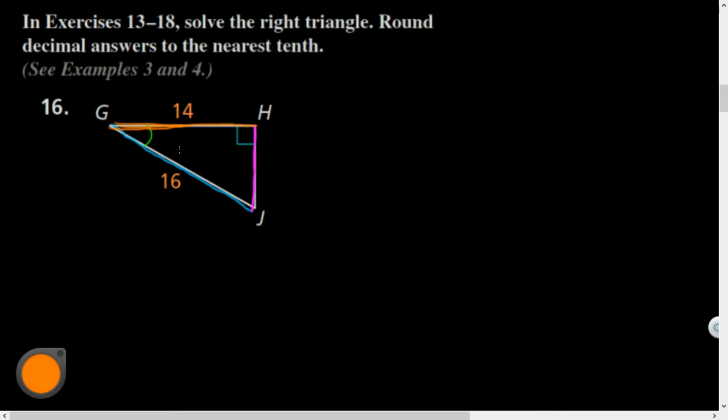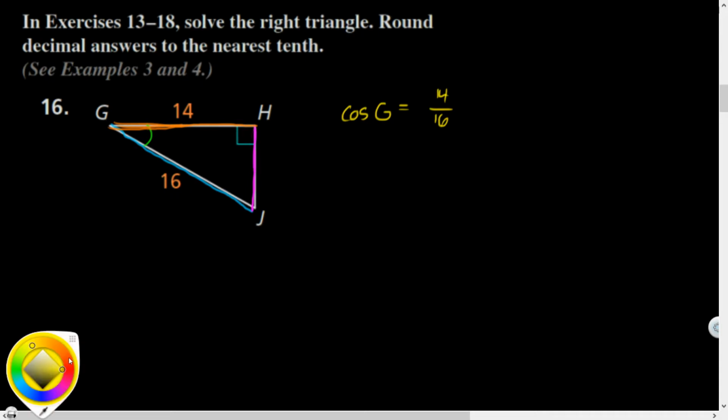If I want to find angle G, I would need to set up a ratio comparing the two things I do know, which are 14 and 16. So what trig ratio compares the adjacent to the hypotenuse? Cosine. So I'm going to say cosine of G is equal to 14 over 16.